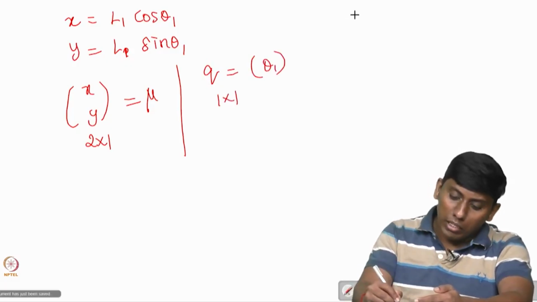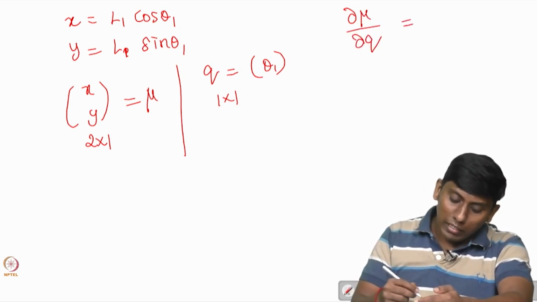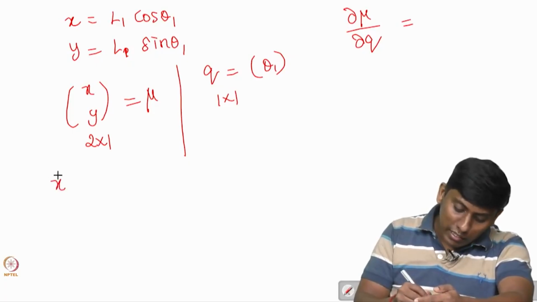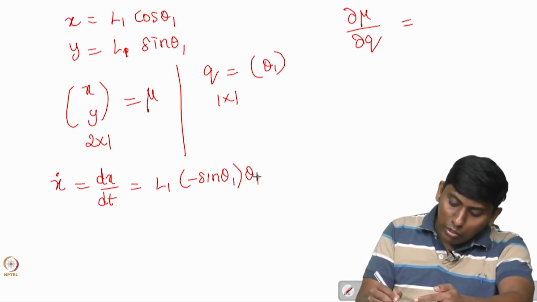What I wanted is dou mu by dou q, so I can write this. I will write x dot, which is nothing but dx by dt, which is L1 minus sin theta 1 and theta 1 dot.